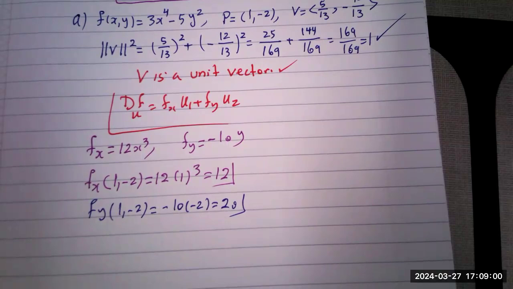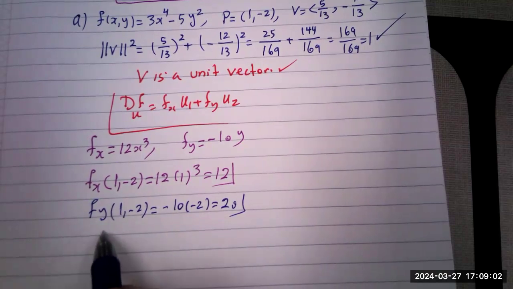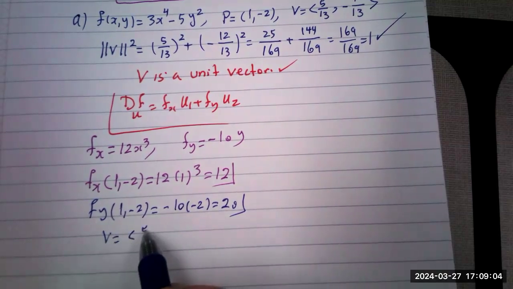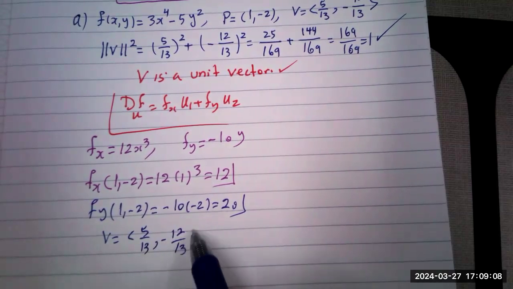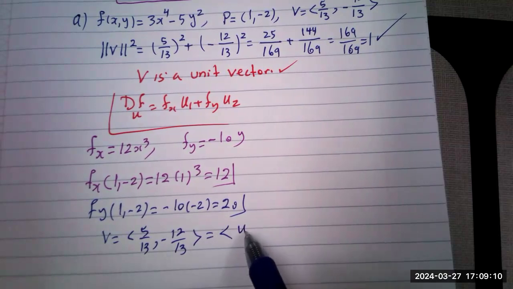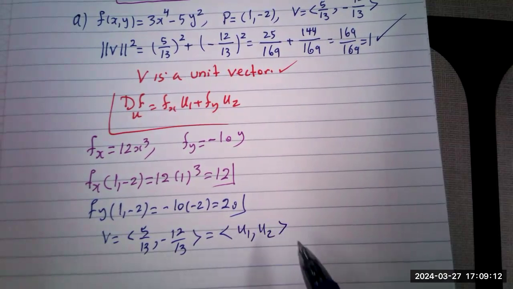So go for it and remind yourself that the v is 5/13 and negative 12/13. And this is your u1 and u2.